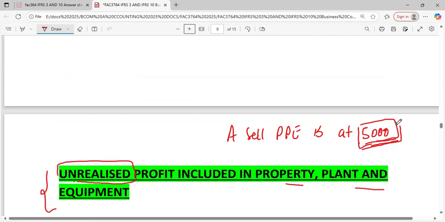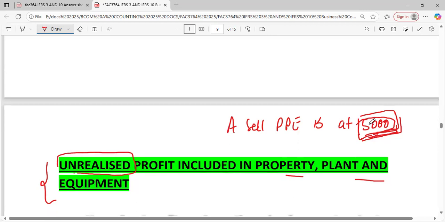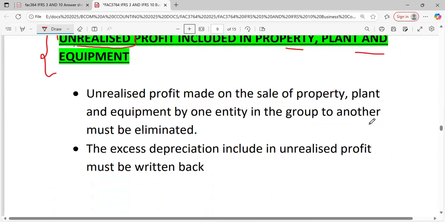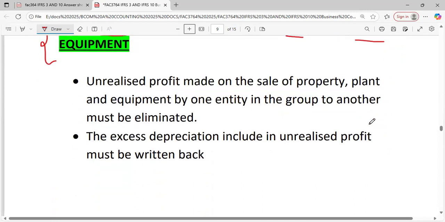When you eliminate this profit, there has already been depreciation charged here. That depreciation that has already been charged has increased the expense of the company. So now when you eliminate that, the depreciation on this 5,000 must be reversed. So when you reverse that depreciation, you are going to increase the profit by the amount of depreciation.